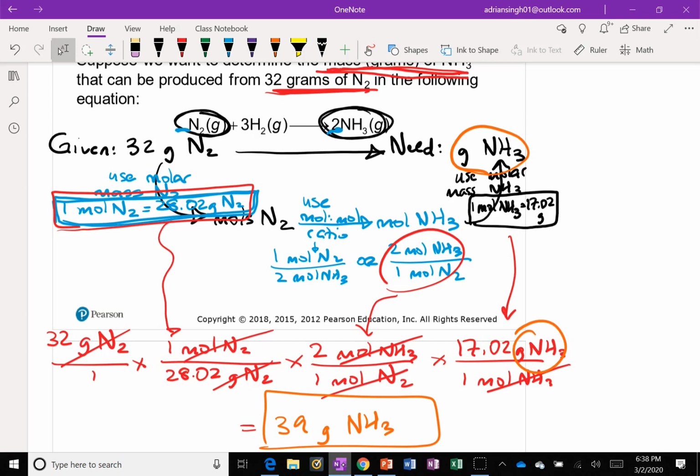Ammonia is a very important starting material for making other important things like fertilizers and explosives. So people run this reaction on a huge scale. If they know how much ammonia they want to produce, they can work backwards and figure out how much nitrogen and hydrogen they need, so they don't waste money buying too much or run out of a particular reactant.